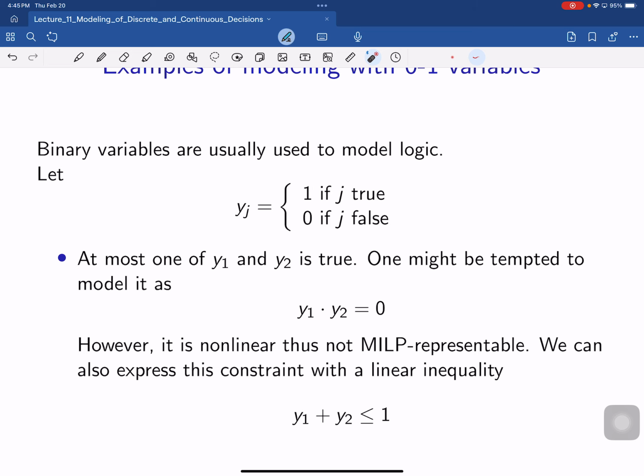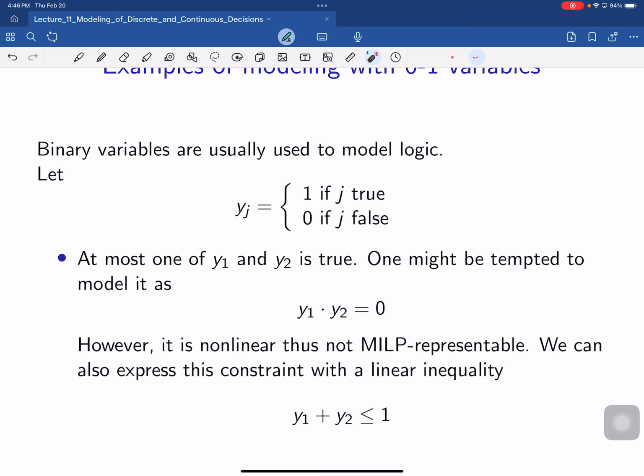You might be tempted to model it as y1 times y2 equals 0. At most one of them is true means either y1 is 0 or y2 is 0, so their product is 0. But the thing is that this model is nonlinear, and it is not MILP representable, because you have the product of y1 and y2.